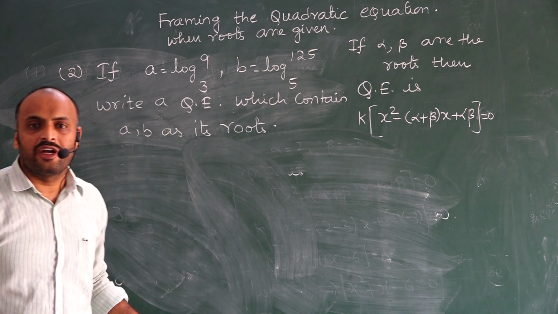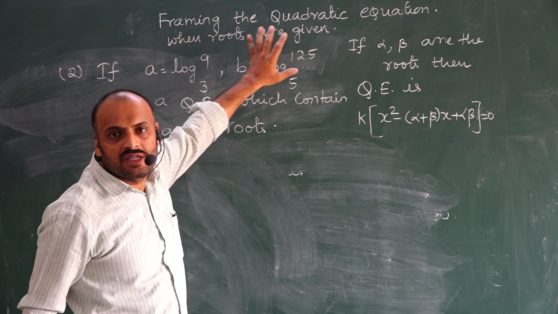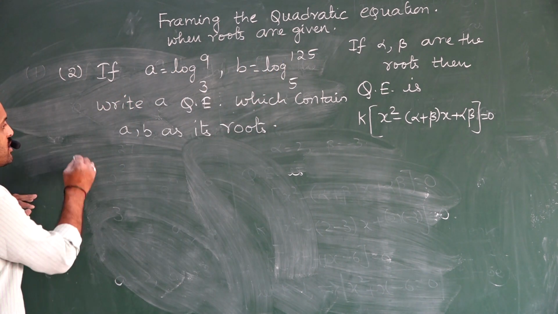First, I need to find the values of a and b. a is nothing but alpha, b is nothing but beta. See here.